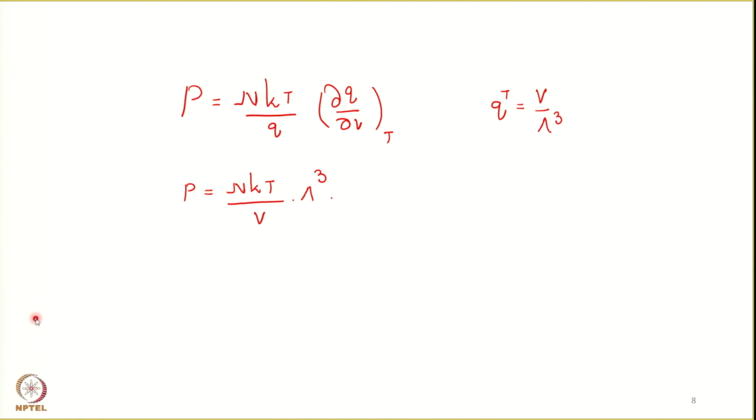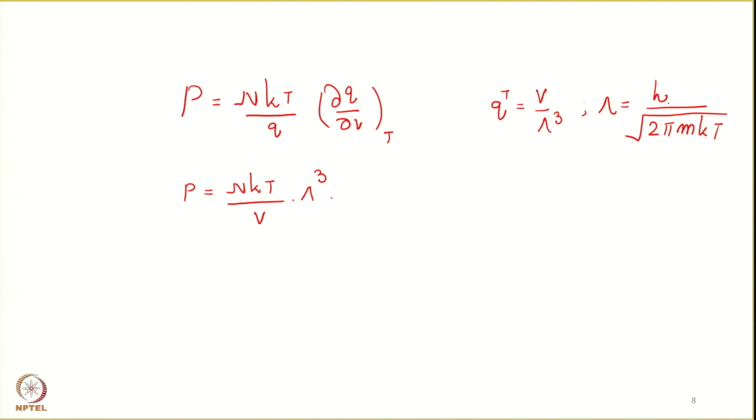The point to be noted here is that we need to take the derivative with respect to volume at constant temperature. Lambda is equal to h over the square root of 2 pi m kT, or the square root of beta h square by 2 pi m.